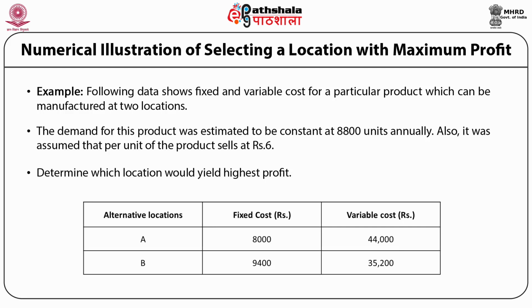The table data indicates fixed cost of rupees 8,000 for location A and rupees 9,400 for location B. Variable cost for location A is given to be 44,000 and for location B as 35,200.